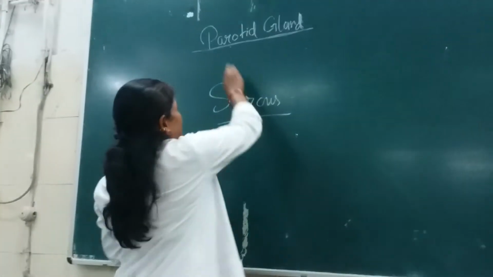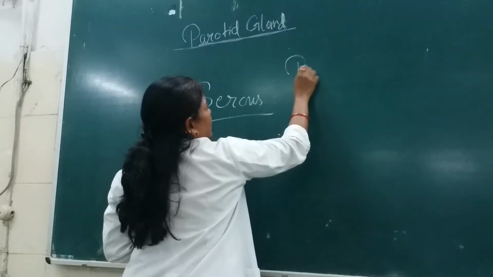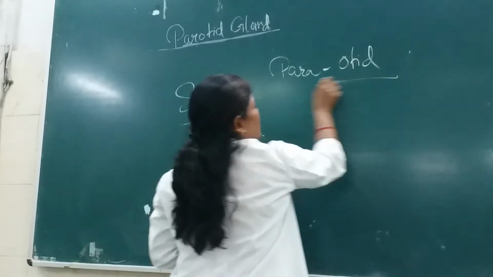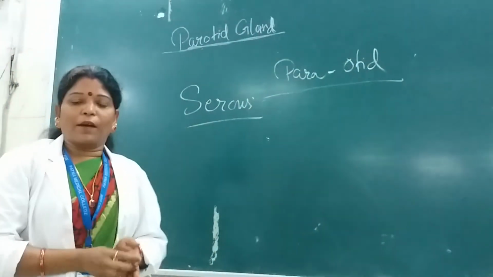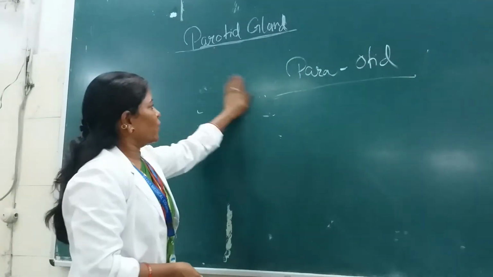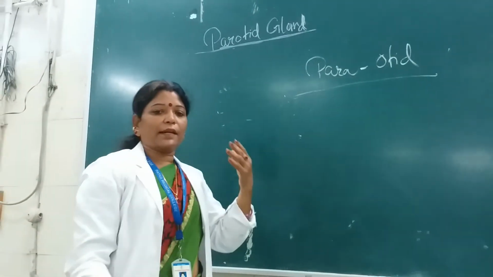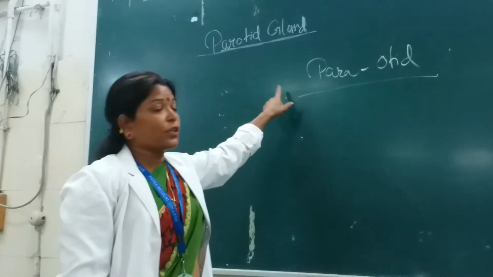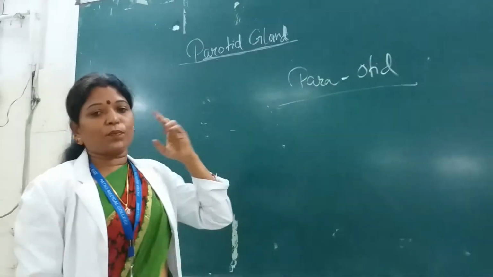What does the nomenclature suggest? Para-otid. Of course all the major salivary glands are present around the oral cavity, but where is the parotid gland present?